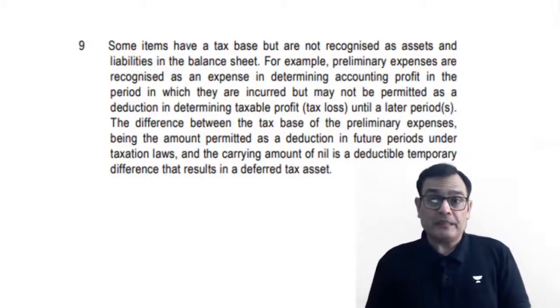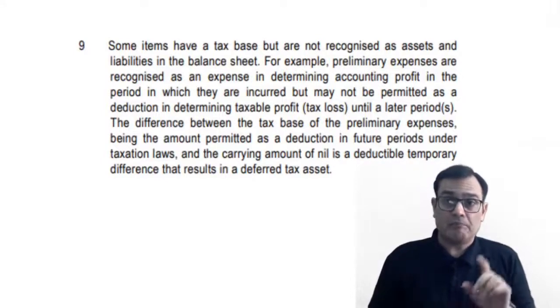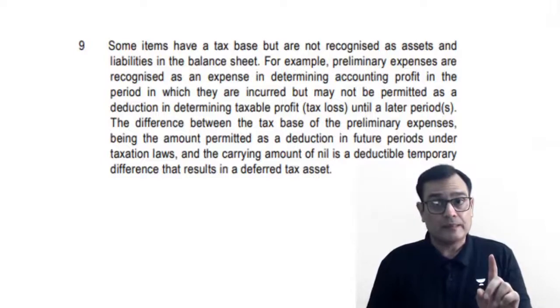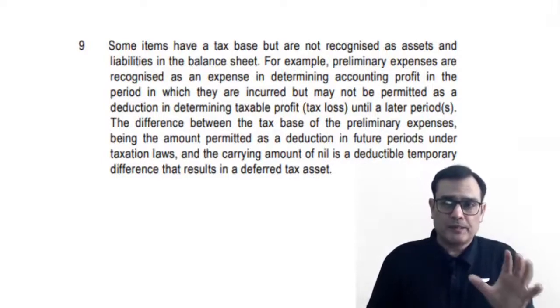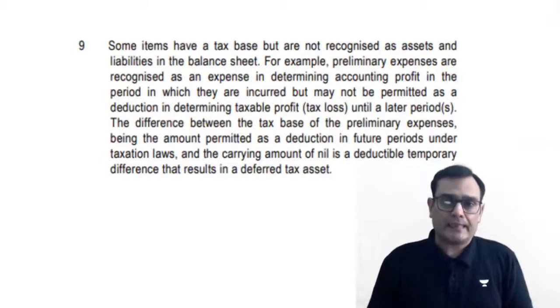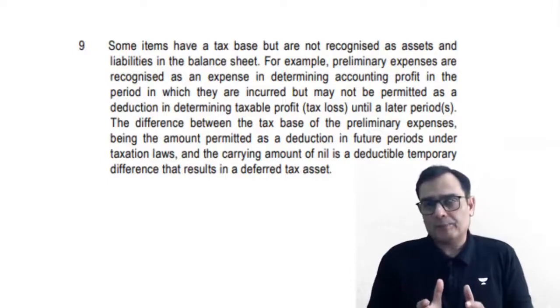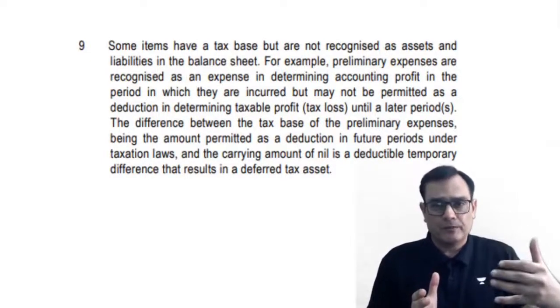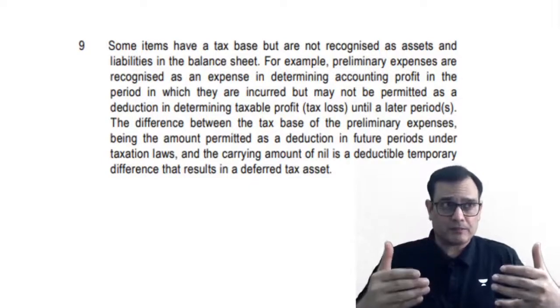The difference between a tax base, which is the amount of deduction in the future periods, in my example 80,000, and the carrying amount, which is nil, is going to result in a deductible temporary difference, and that would result in a DTA. So this is one example where the carrying amount of the item is 0, but it's still got a tax base.